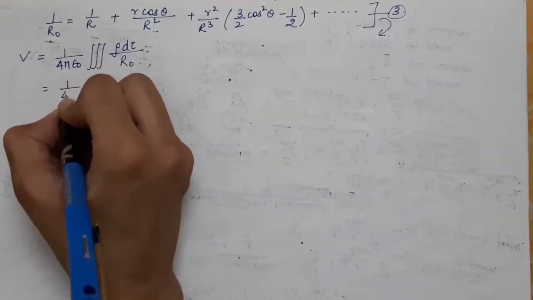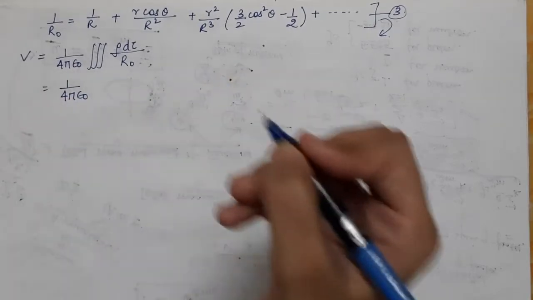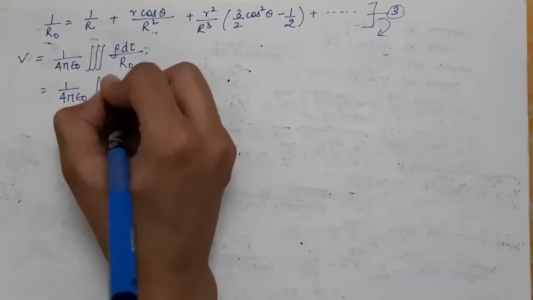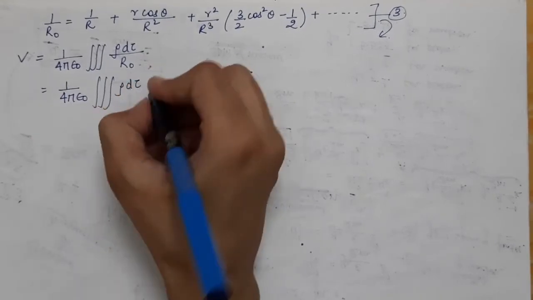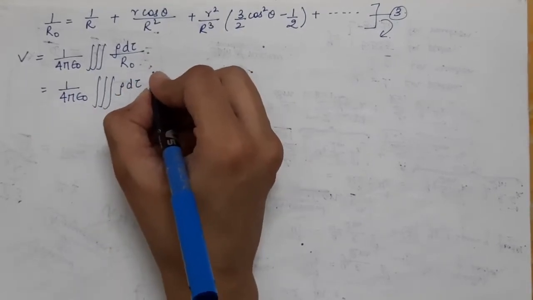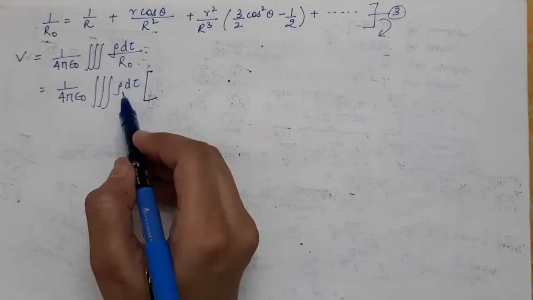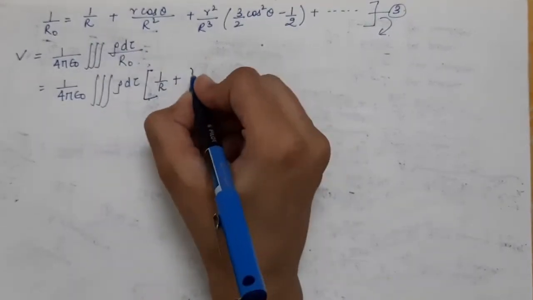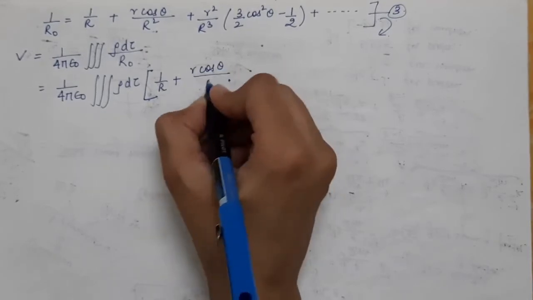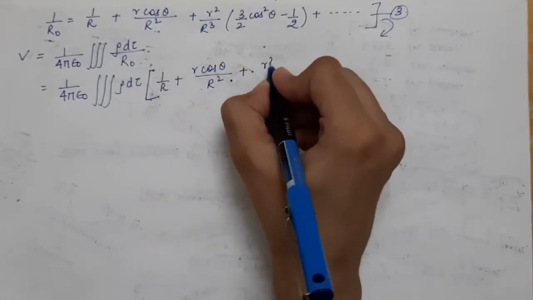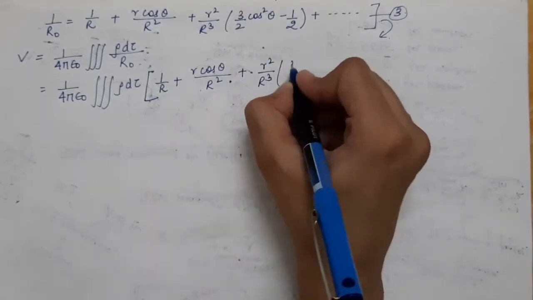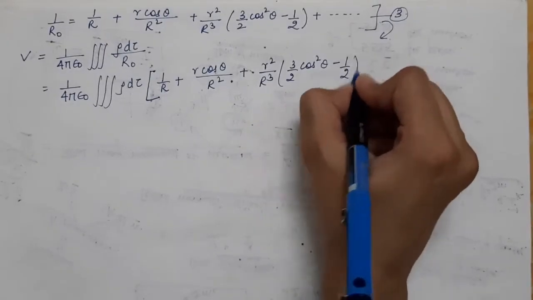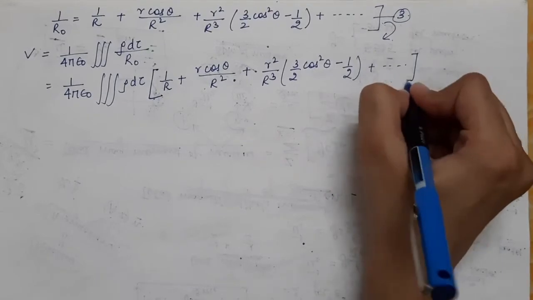This will be equal to 1 by 4 pi epsilon naught, rho d tau times 1 by capital R plus r cos theta divided by capital R square plus r square divided by capital R cube times 3 by 2 cos square theta minus 1 by 2, and so on.